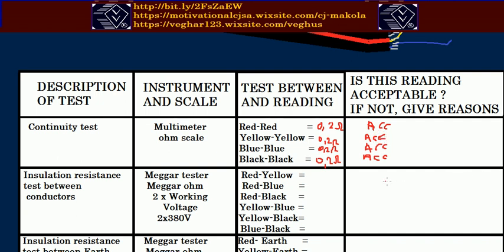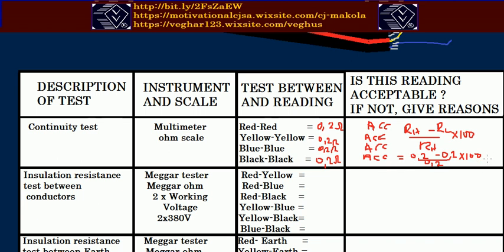If we're testing the continuity and we get something like this, then we can check it with the formula. Substitute the highest, which is 0,2, and the lowest, which is 0,2. Subtract, divide by 0,2, and multiply by 100.